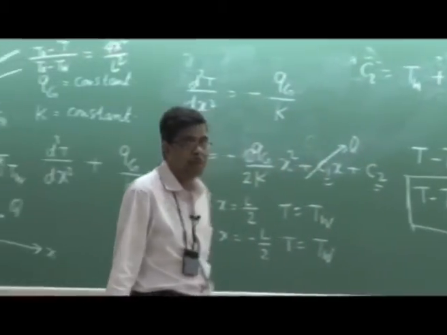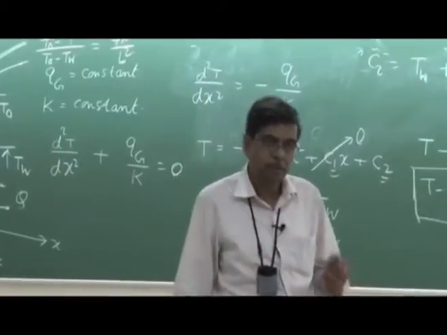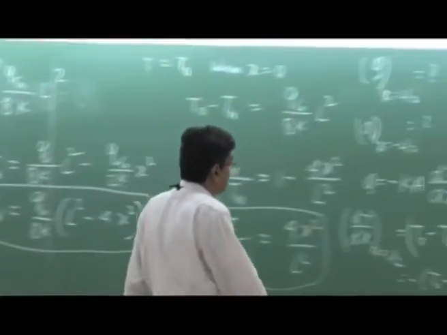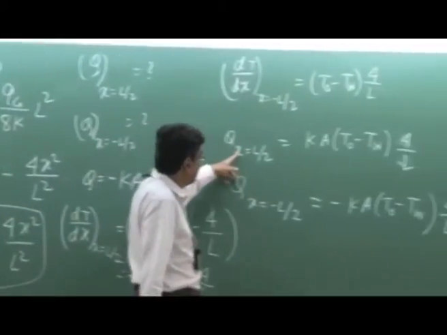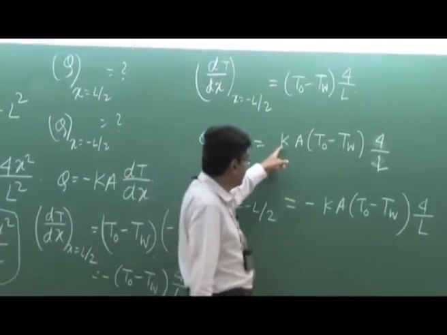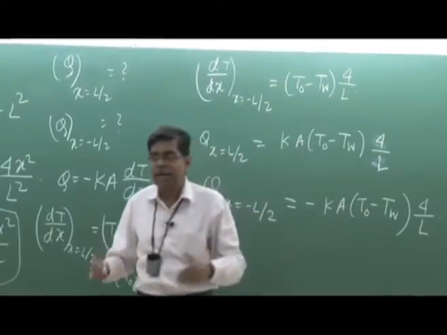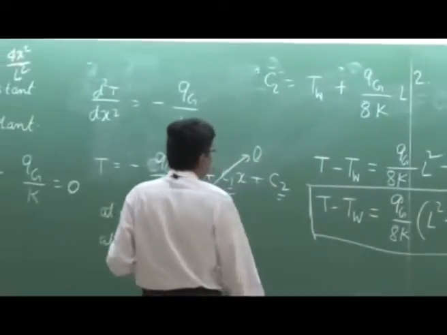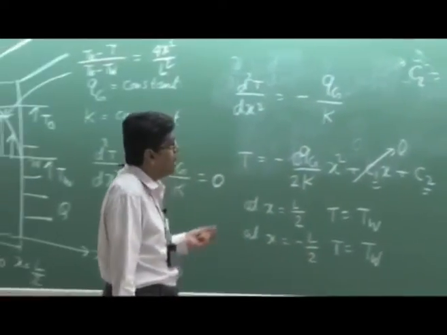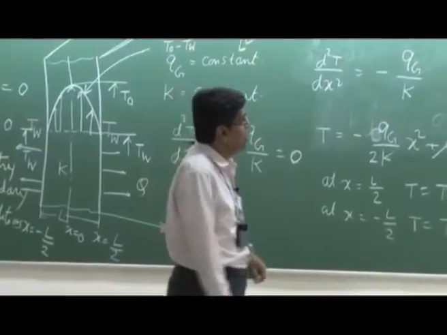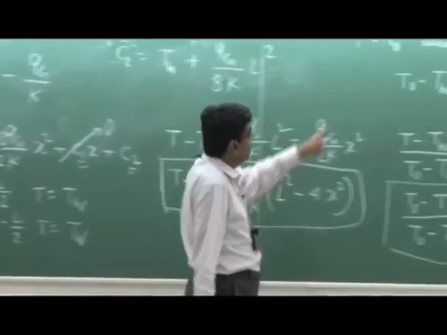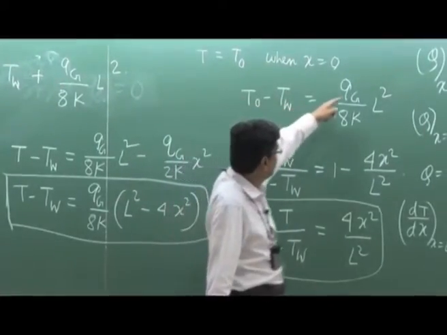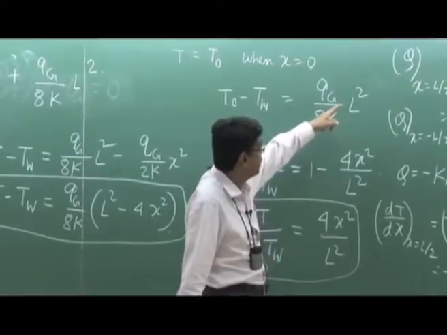Okay? Any problem? All right. So you can also check by energy balance that if you make the summation of these two, that is the scalar sum of these two heat transfers, that will ultimately equal the heat generation. This is your task: write T0 minus TW as Qg L square by 8K.